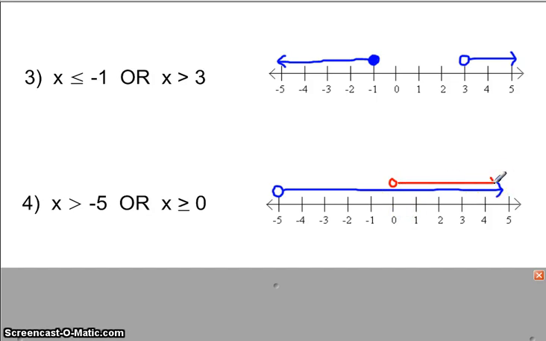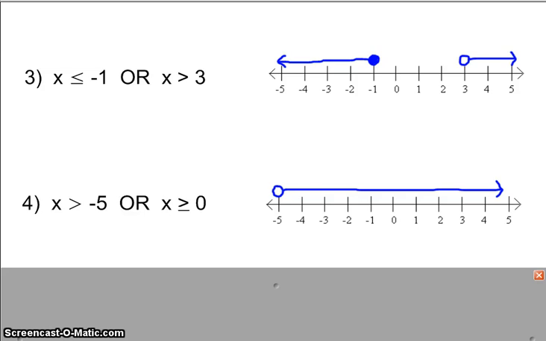You notice we got this overlap. Really, this blue one here, the x is greater than -5, kind of dominates this one. It goes right through it. So in fact, this one's a little redundant. So what we're going to do is not even graph this red one here. We're not going to graph the x is greater than or equal to 0 because it's already taken care of with this one here.